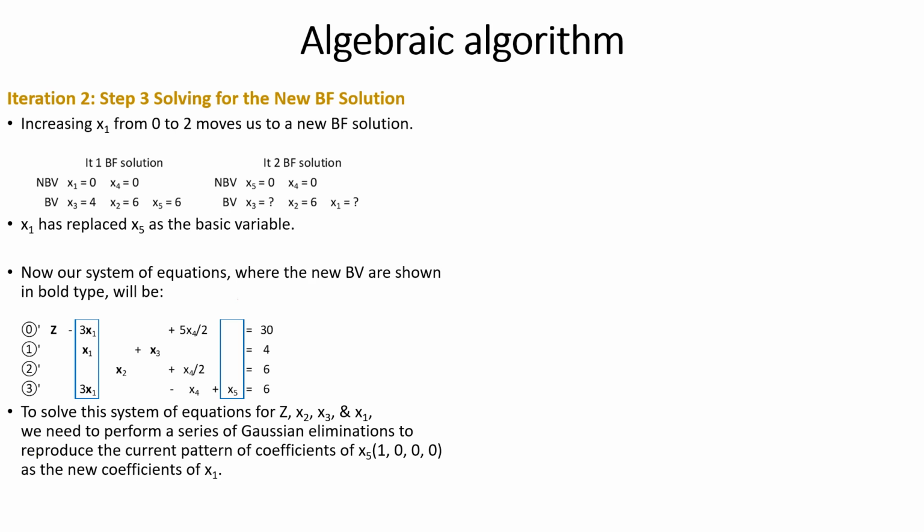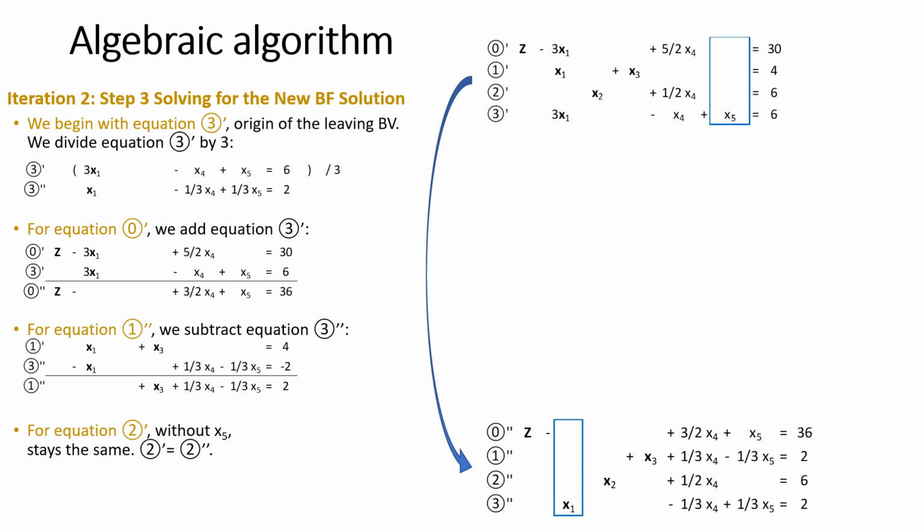That means that the pattern that we got here, we got to bring it over here through Gaussian elimination. Now, we're going to be exchanging x1 with x5. The equation that has both variables is equation number 3.